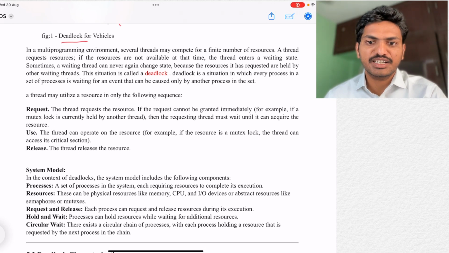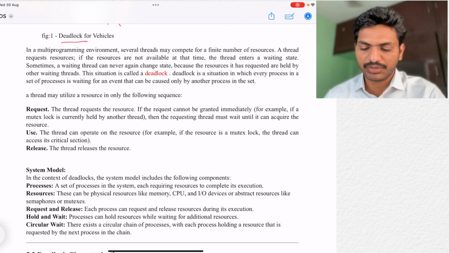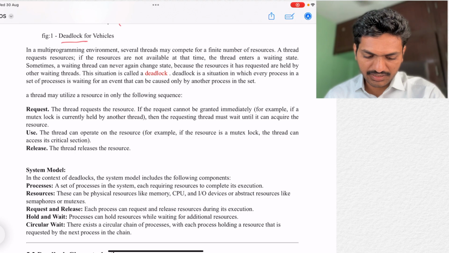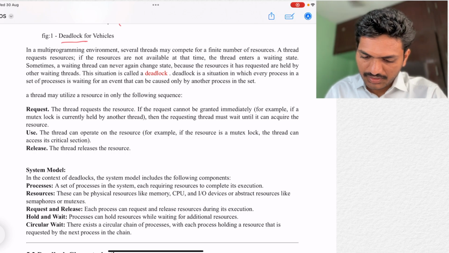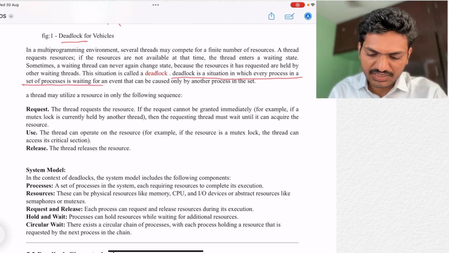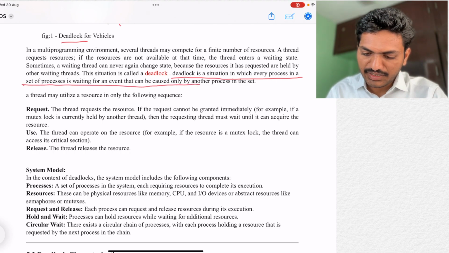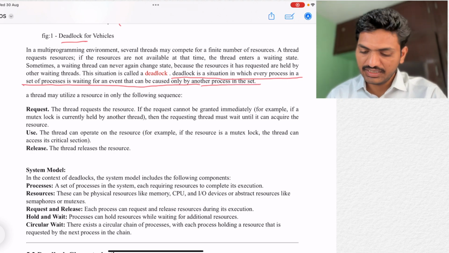Waiting for some time is not a problem. Waiting infinitely is a problem, right? Deadlock is a situation in which every process is waiting for some event that can only be caused by another process in the system.